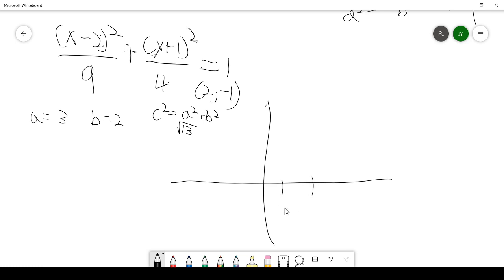From here, the A value reaches 3 in each direction, so 1, 2, 3, and 4, 5. And it extends up 2, so 1, 2, and reaching -3 here.